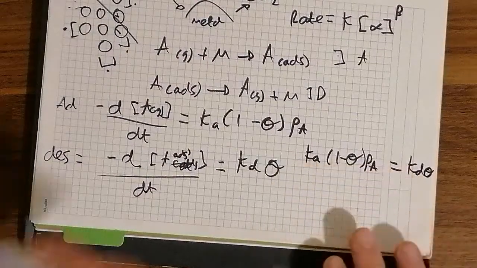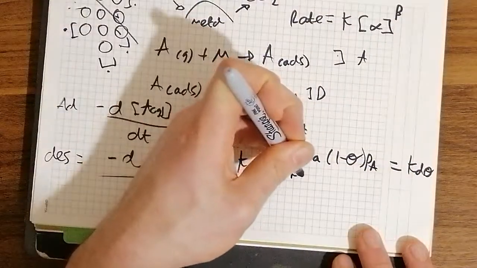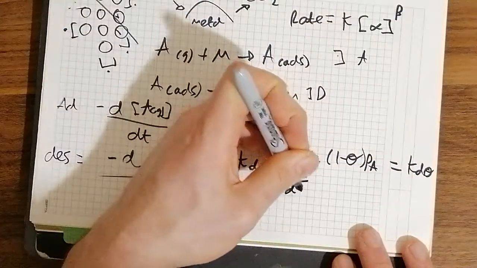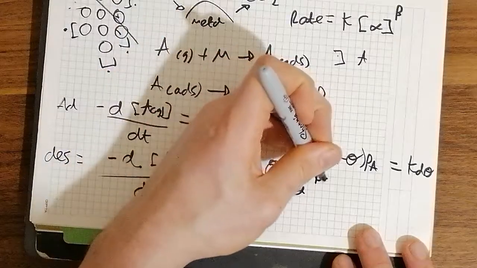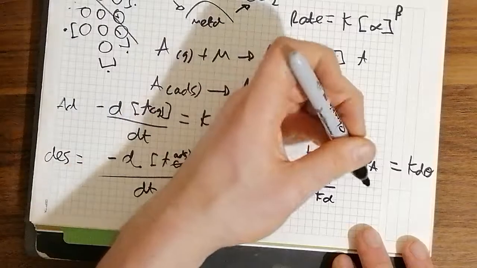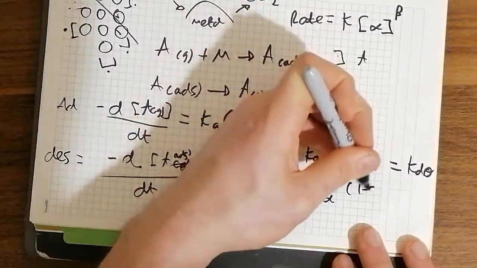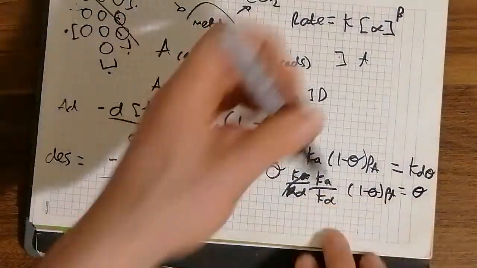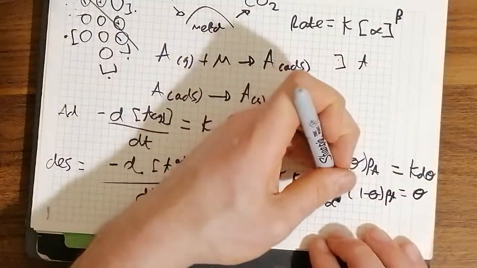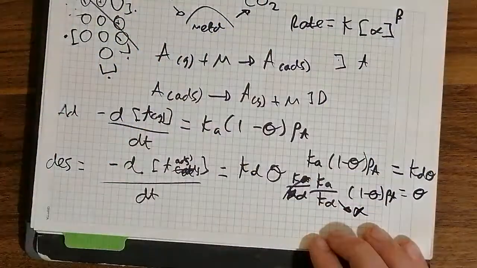We divide by Kd, so we get Ka over Kd, that equals theta over 1 minus theta times Pa. Ka over Kd is some constant, so we can just call that alpha.